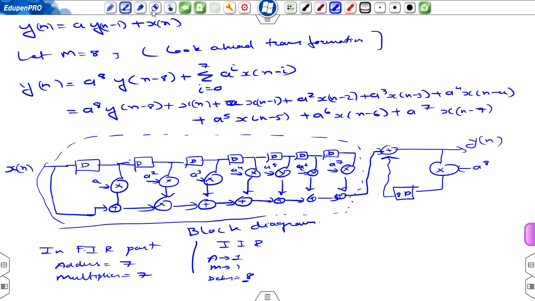Okay, now this equation can also be represented in the Z domain.